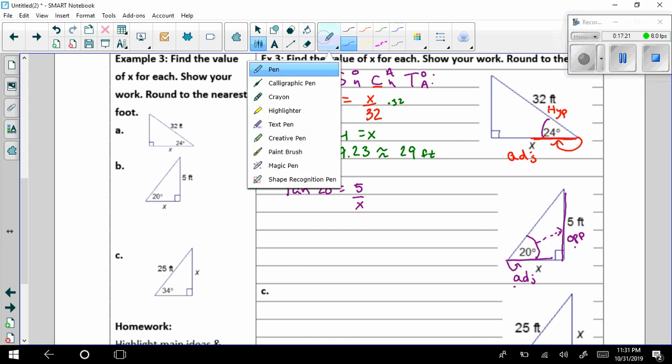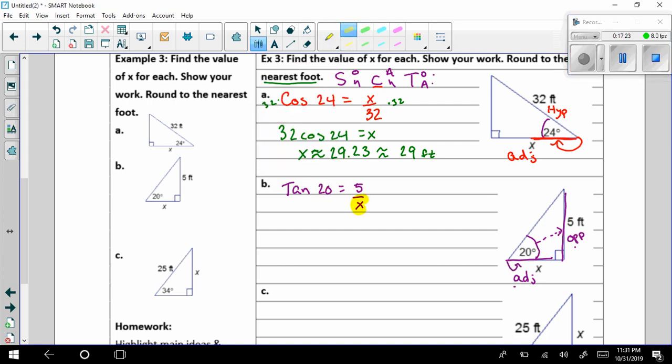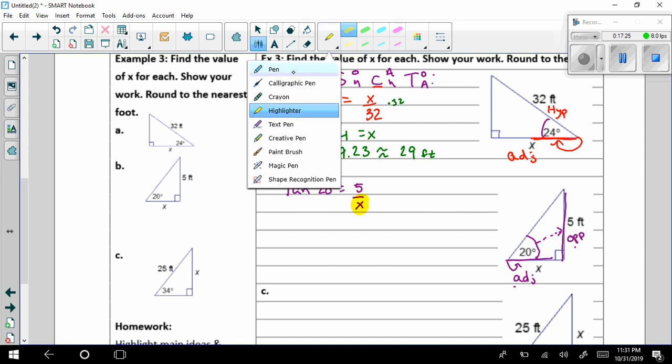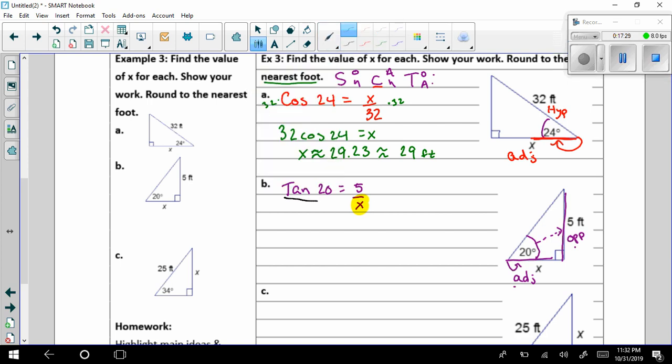So remembering your goal is to get this x by itself eventually, we first need to get it out of the bottom of our fraction. So you can think of this as a ratio where we are cross multiplying. You could have done the same up here. All right, so the x comes over, so does the 1, and we end up with x times the tangent of 20 is equal to 5.